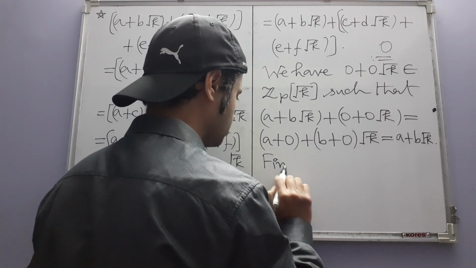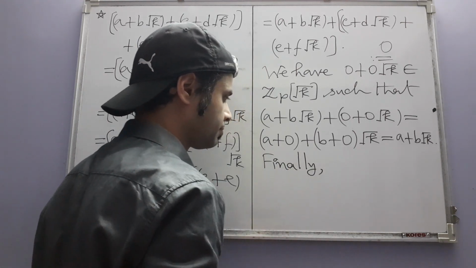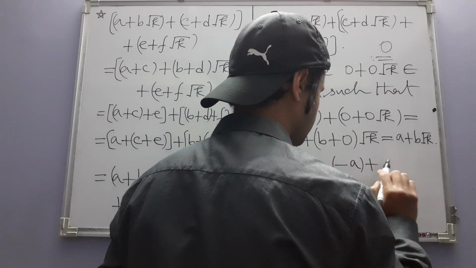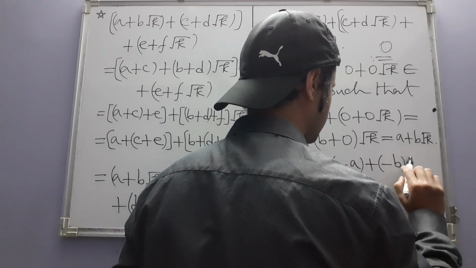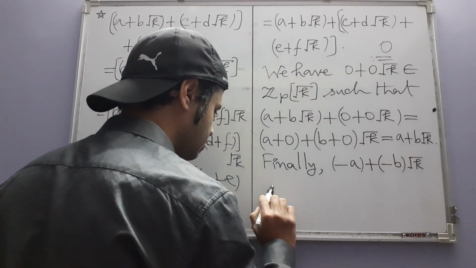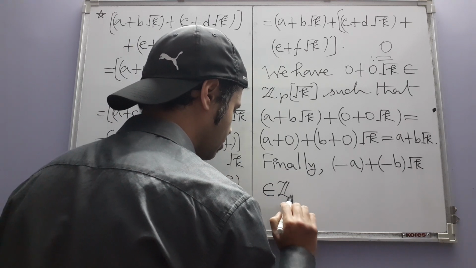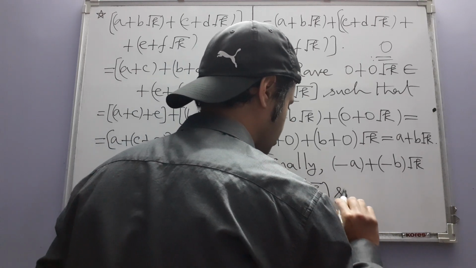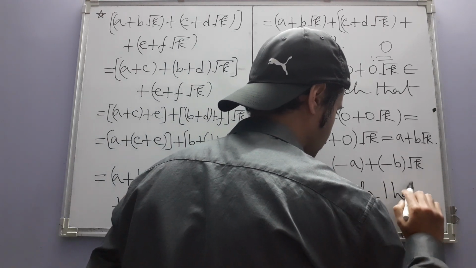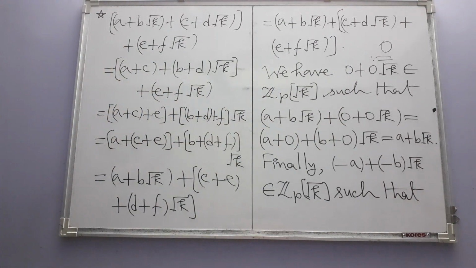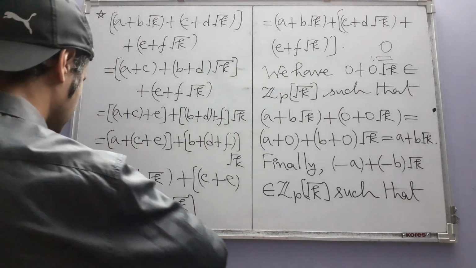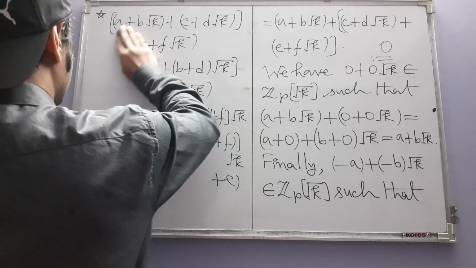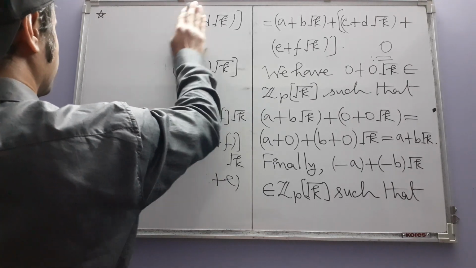Finally, minus a plus minus b root k belongs to our set of symbols such that, and you can guess or you already know that this is going to be an inverse of a plus b root k.